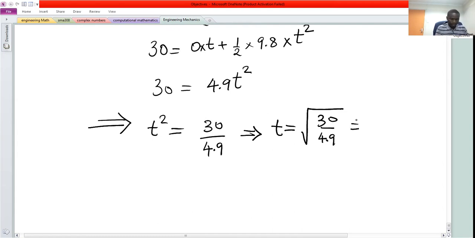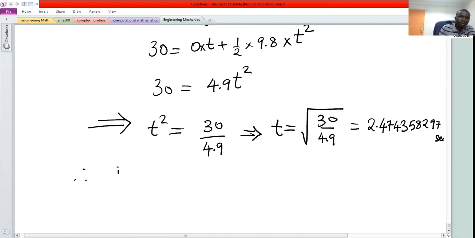Now 30 divided by 4.9, square root of the answer, is 2.47435829 seconds. So therefore, that is the time of flight.